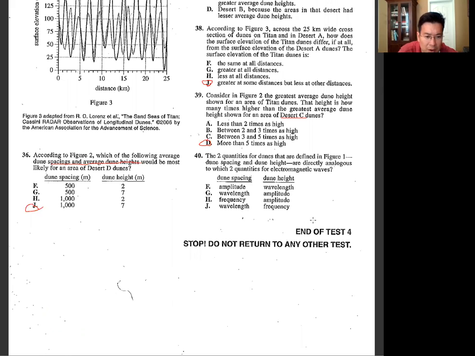The two quantities for dunes that are defined in figure 1, dune spacing and dune height, are directly analogous to which two quantities in electromagnetic waves?